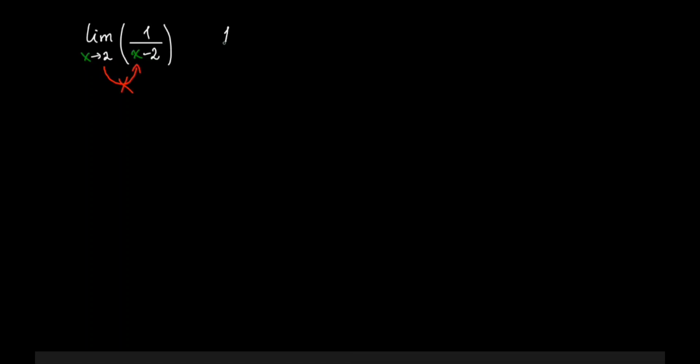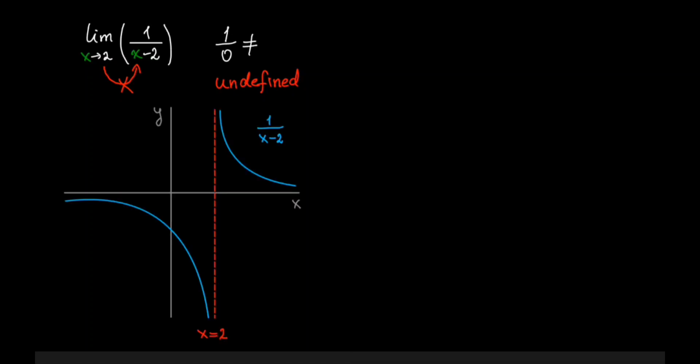Simply because then we would get 1 over 2 minus 2, which is equal to 0, and that is impossible to calculate. It is also why if we were to visualize this graph, there would be an asymptote at x equals 2. So what exactly happens here as x approaches 2?